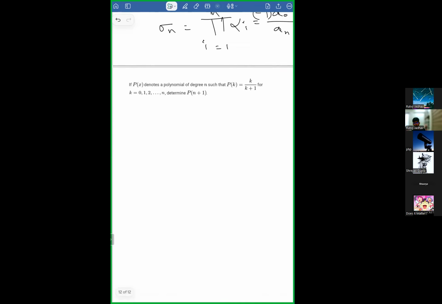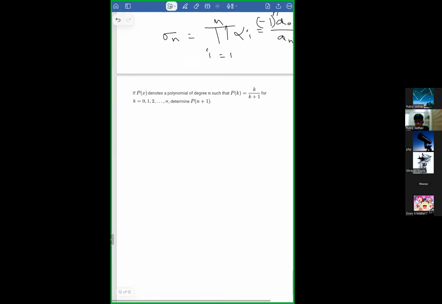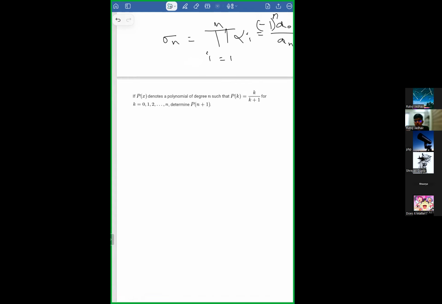Oh, okay. We can define a new polynomial for this one, like taking the RHS in the first equation to the LHS. Sorry, I didn't get it. Okay. We can define a new polynomial Q of x.